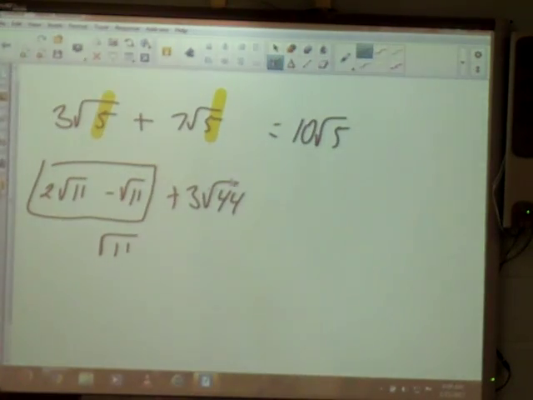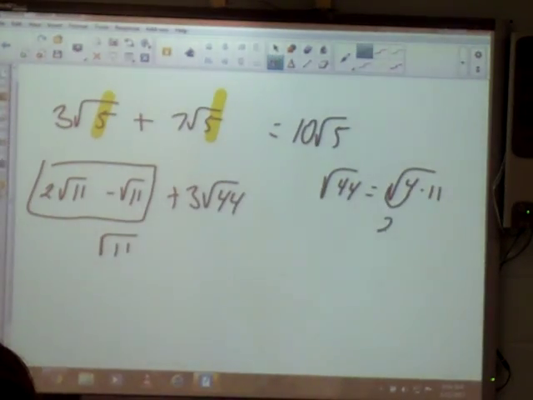But now this piece over here is not a square root of 11, so am I done? No, because it can break down. The square root of 44 is the same as the square root of 4 times 11. There's that 11 that we need. What's the square root of 4? 2, so 2 gets to come out and play wiffle ball. 11 has to stay in the house.